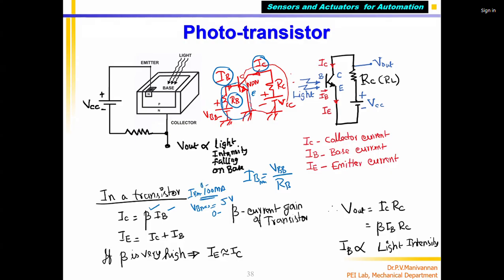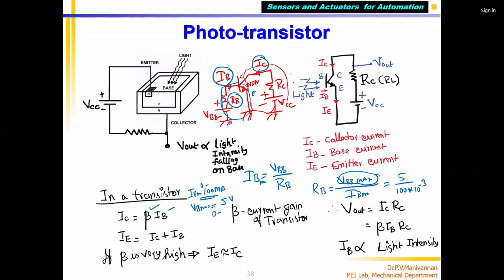In that case, I can calculate the RB value, because this is the resistor you are going to calculate. RB equals VBB max divided by IB max. Who gives this? The data is available in the data sheet. I told you VBB max is 5 volts, divided by IB max, which is 100 into 10 power minus 3.